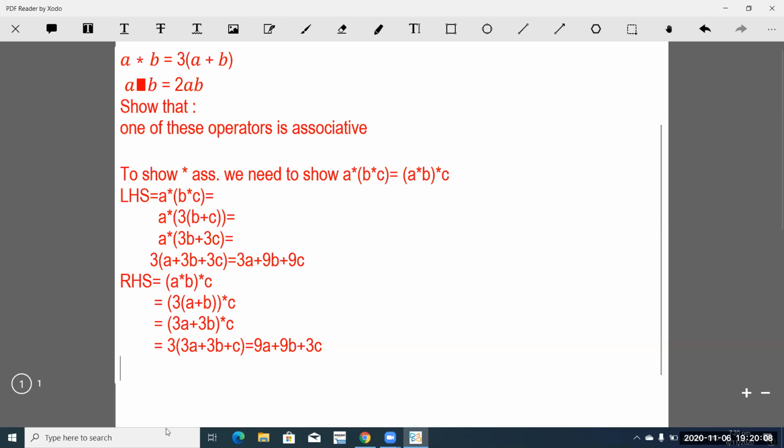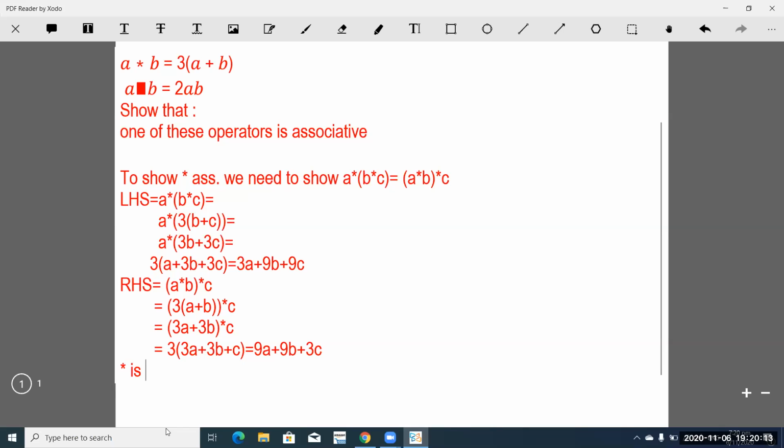All right, so star is not associative, since A star B star C is not equal to A star, working out B star C. So that's why it's not associative.